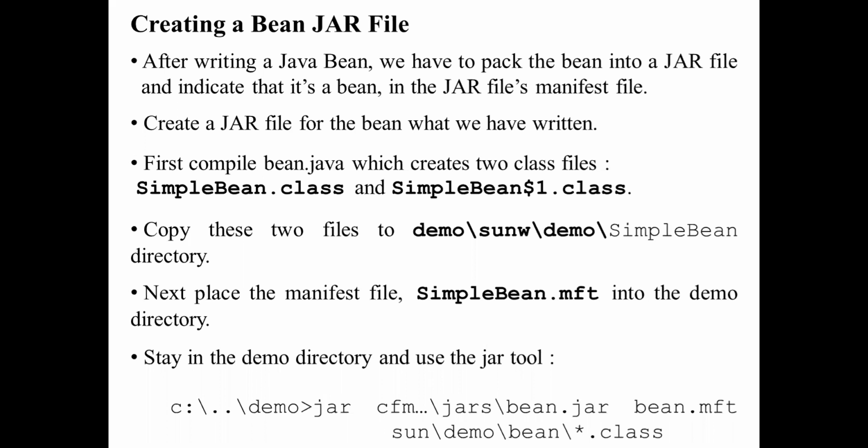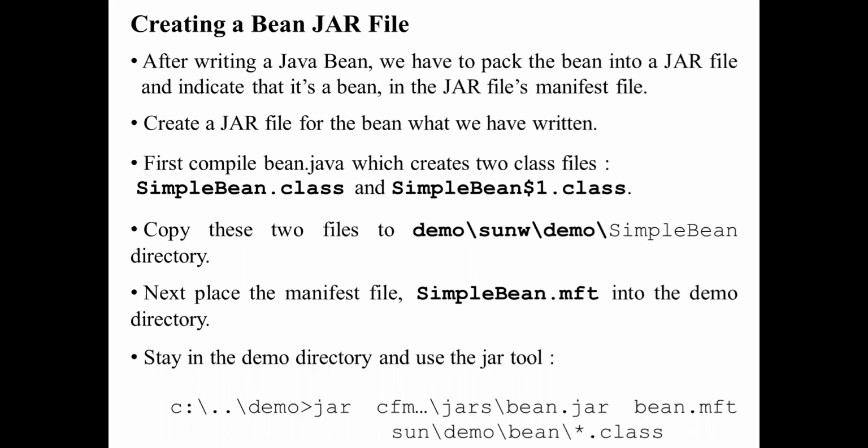First, we compile the bean.java, which creates the class files. For example, I can take SimpleBean.class and SimpleBean$1.class. We copy these two files to the demo/sunw/demo/simplebean directory, and next we place the manifest file simplebean.mft into the demo directory.